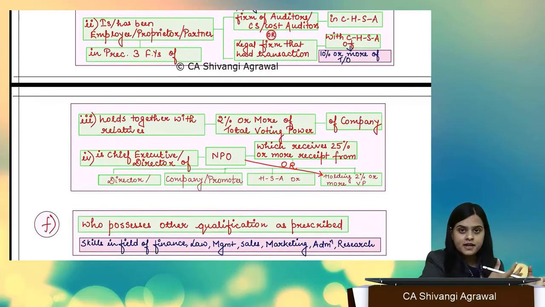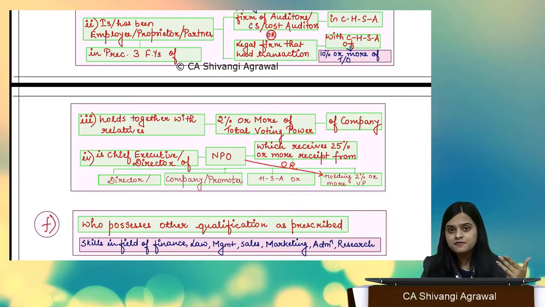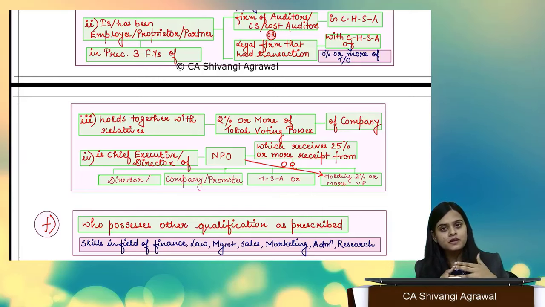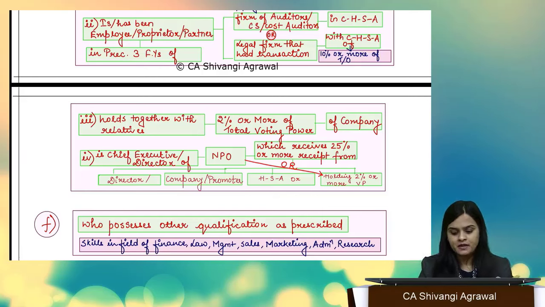You or your relative should not have been employee, proprietor or partner in the audit firm of CHSA, CS firm of CHSA, cost auditor firm of CHSA, or such a legal firm which is getting 10% or more of its total income from CHSA, in the preceding 3 financial years.